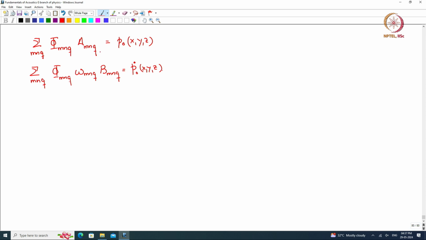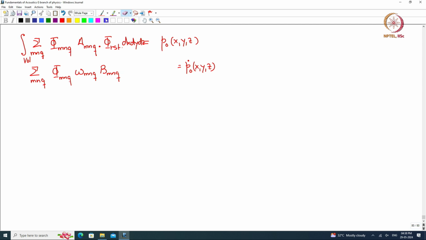I multiply this by phi_rst dx dy dz and integrate over the volume.